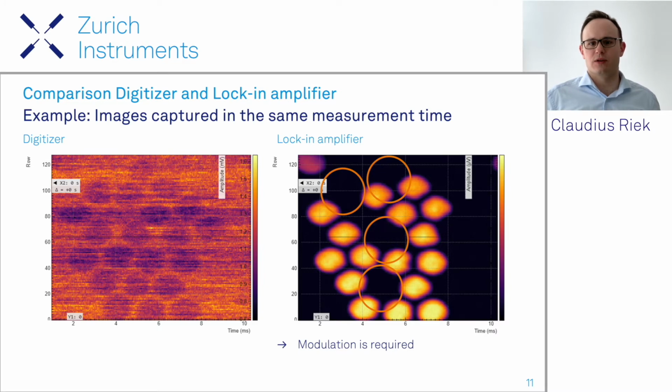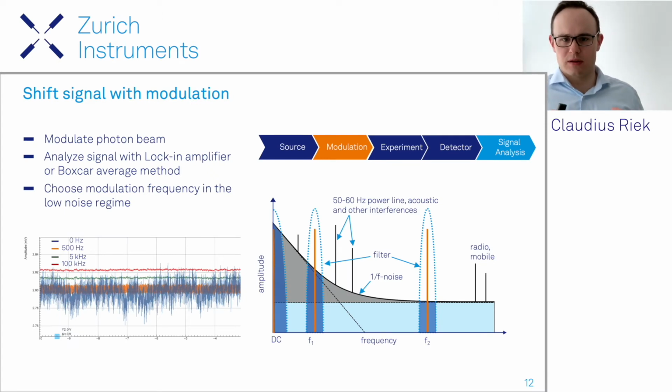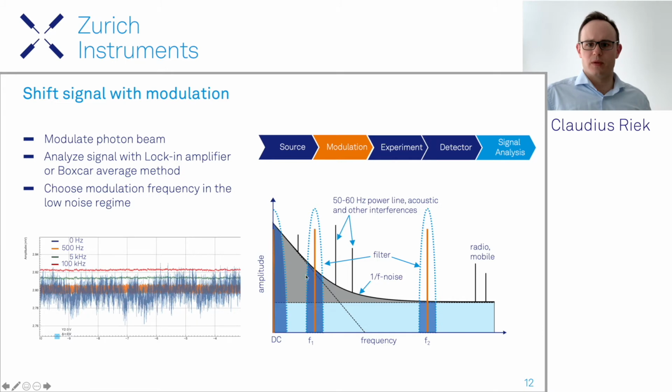Let's now look at how a lock-in amplifier does this. The secret behind a lock-in amplifier is that we shift the signal with an additional modulation. So we need to modulate the photon beam and then analyze at that very modulation frequency. And this allows us to shift the analysis of the signal into a regime where we have much lower noise than at the DC.